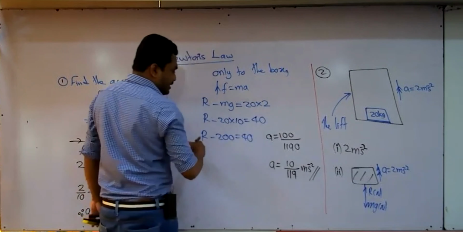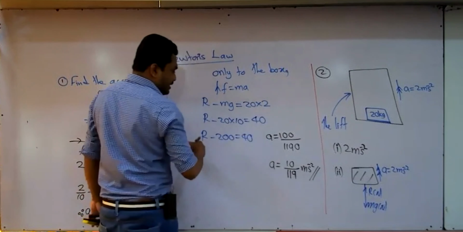Right. My question is, who gives this mg force here? mg force is given by the earth, gravitation attraction force of the earth. Who gives this normal reaction force R? R force is given by the surface on which the object is kept. The object is kept on the floor of the lift.